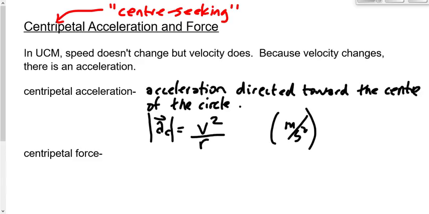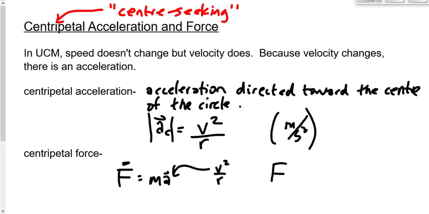Now, if there's an acceleration, there's got to be a force as well, right? F is equal to m times a. So if there's an acceleration, then there's a force. Well, let's sub in for the acceleration, F is equal to m times a. Let's sub in v squared over r.